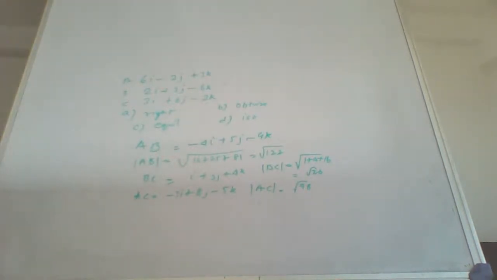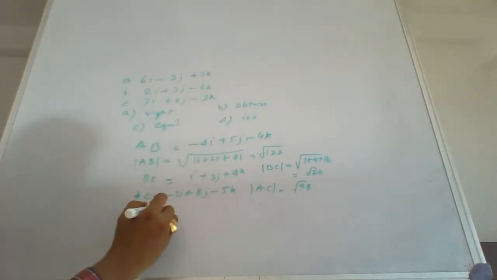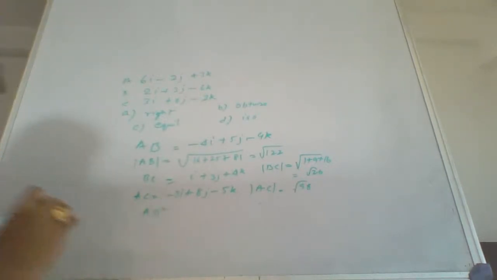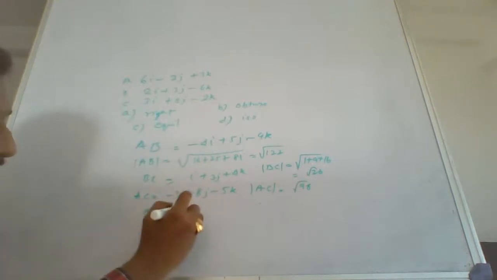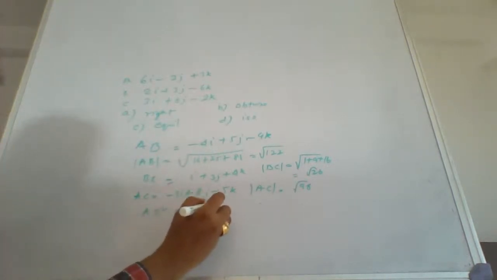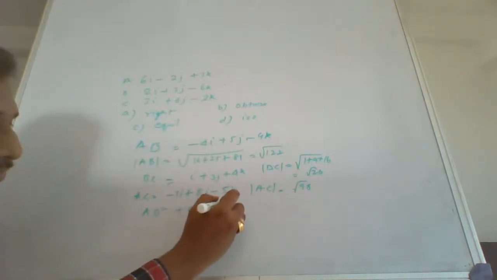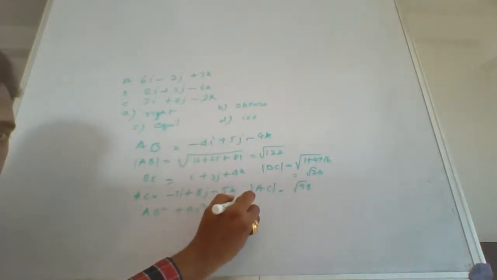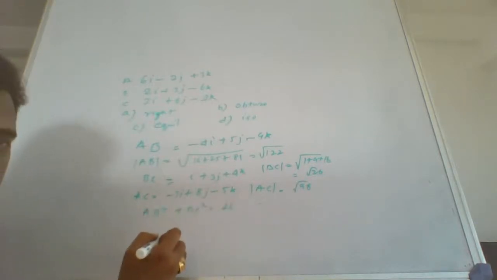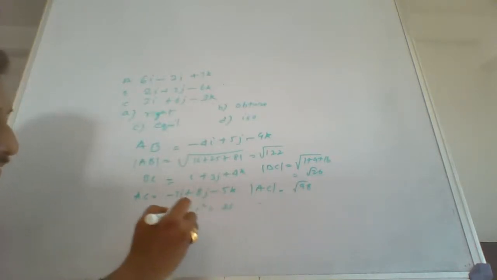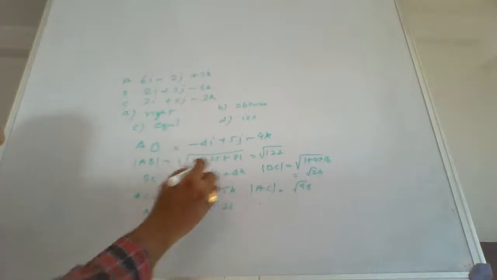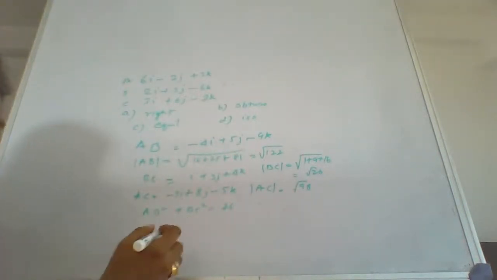Now we have the formula: AB square plus BC square. AB square is 122, and BC square is 26.